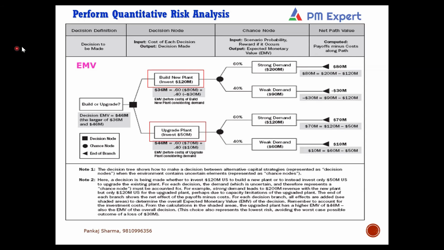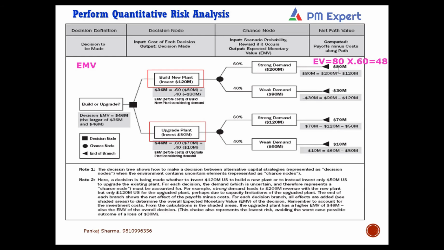So can I say the expected value, the EV, of this is actually 80 multiplied by 0.6, which is equal to 48? Yes. So actually I'll make 48.